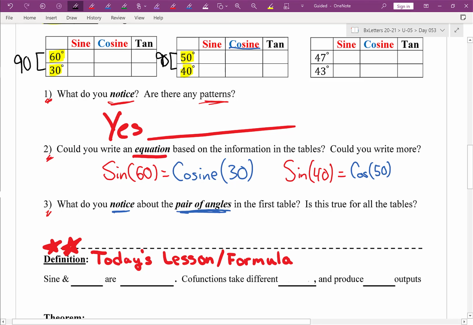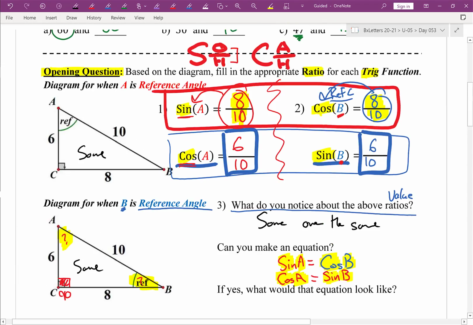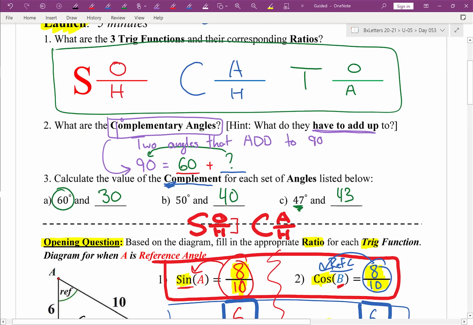And I guarantee you that last pair, 47 and 43, add up to 90. And I think that's how we started this lesson: we asked you to find the complement of 60, find the complement of 50, find the complement of 47, because that's where it was coming back. And cofunction is really coming back to these complementary functions.